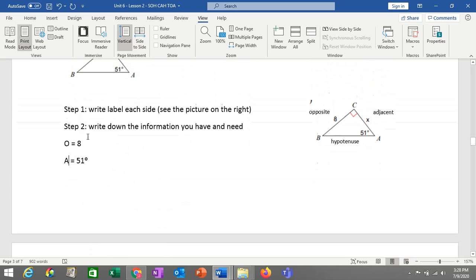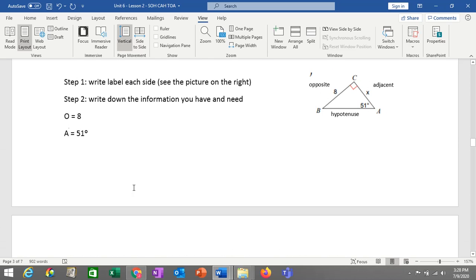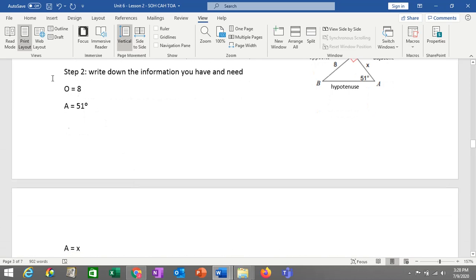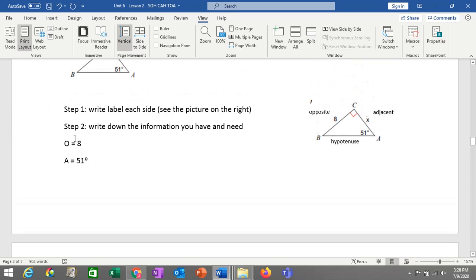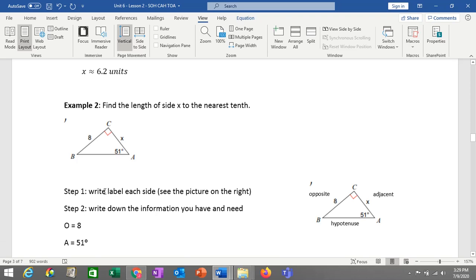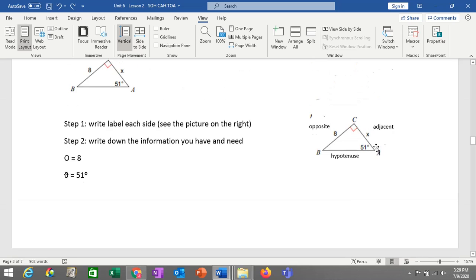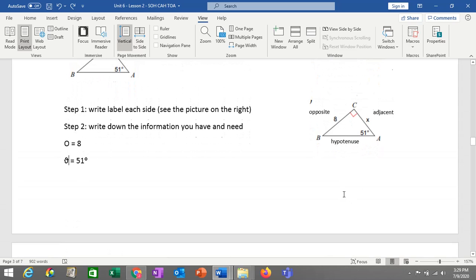So we have an opposite, we're looking for an adjacent, so SOHCAHTOA, OA, that goes with T, that goes with tan. So we're going to have to use a tangent ratio to solve this problem. Actually, I'm going to go back to theta, because I've used big A for adjacent. So let's just pretend that this is angle theta.